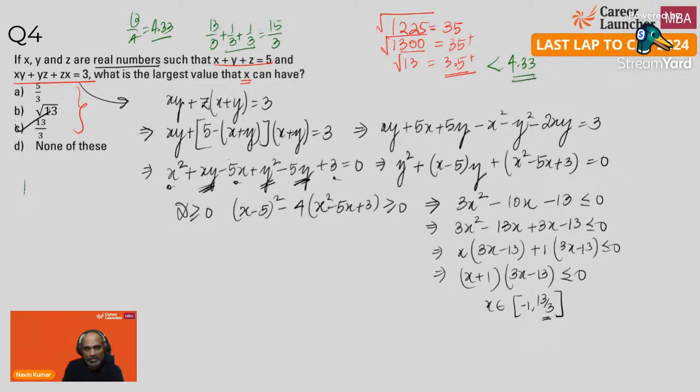Putting in the values, 13 by 3 plus 1 by 3 and 1 by 3 into 1 by 3 and then 1 by 3 into 13 by 3. So this is basically 13 plus 1 plus 13 whole divided by 9, which is 27 by 9, which is 3. Oh, great. It matches from all the 4 options. None of these nahi hota answer generally.